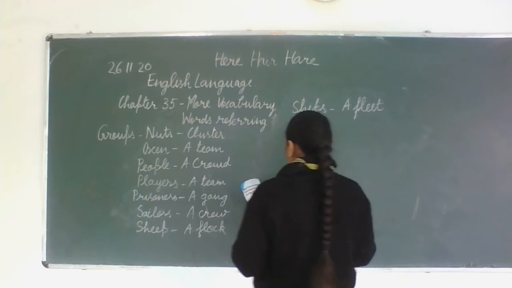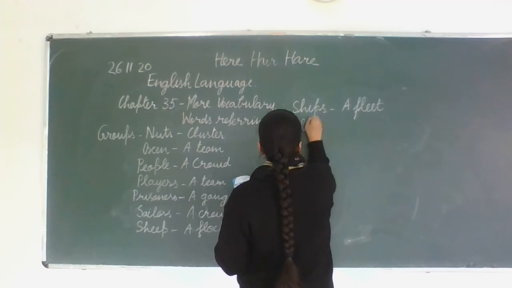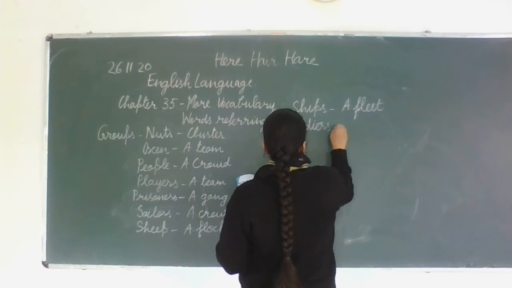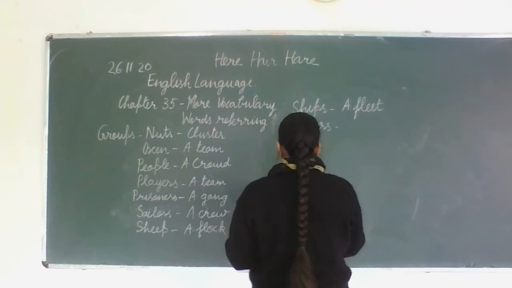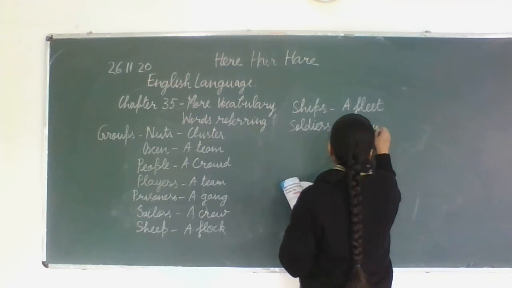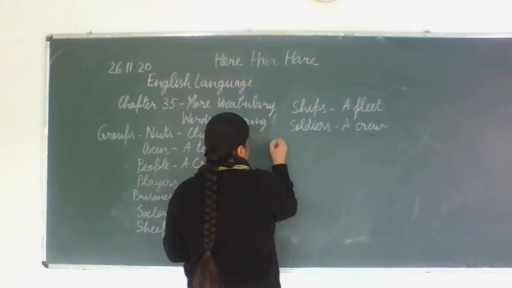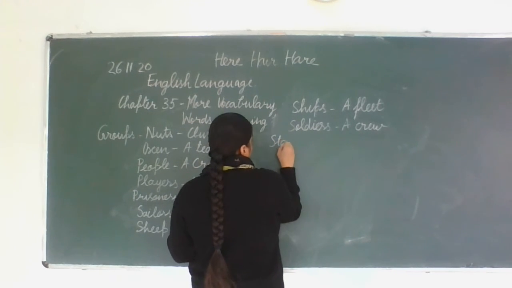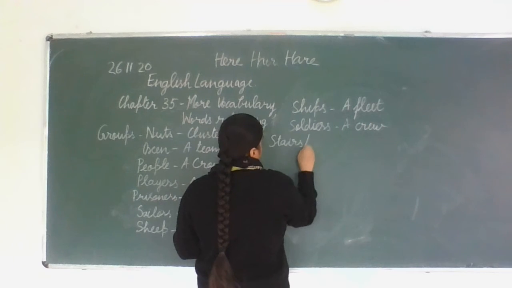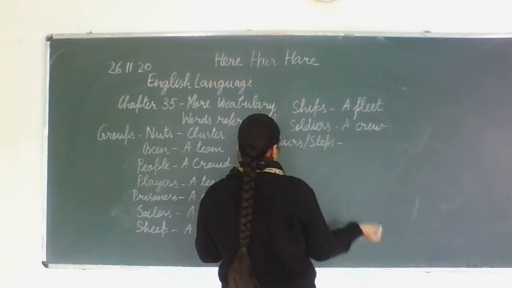The next one is soldiers. A group of soldiers is known as a crew, like in the sailors. Then stairs or steps.